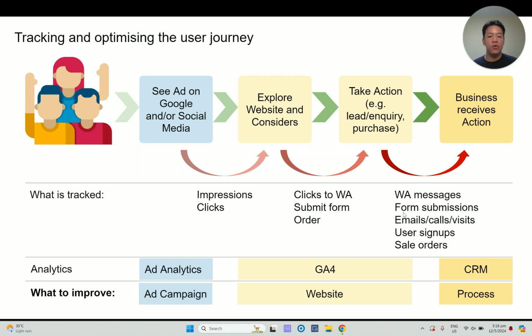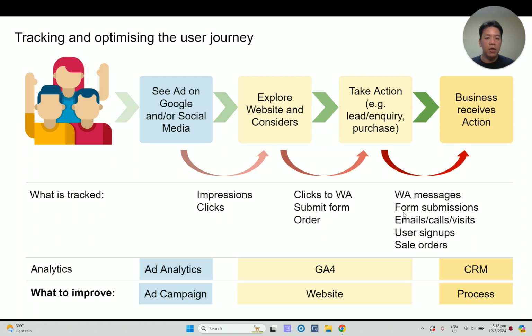Some businesses may not have a direct sales process. Even if you're an e-commerce, there could be staggered layers of journey to go through. So the user could sign up for an account first before they upgrade to some sort of paid packages or paid options that you offer. So user signups could be another indication of people taking up your offer, taking up your products or services.